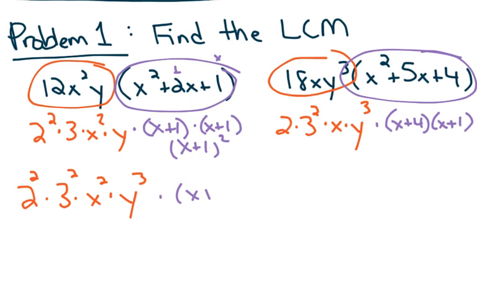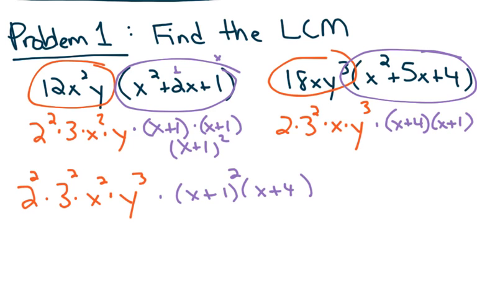So now let's talk about all the purple factors. I have an x plus 1, I have an x plus 4, and I have another x plus 1, so I'm not going to write it again. Well, what's the largest exponent of x plus 1s? Well, we have a square. And the largest exponent of x plus 4 is 1 because there is only one x plus 4. So to find the least common multiple, now we're going to multiply all this together.